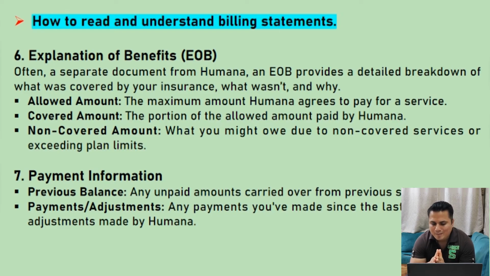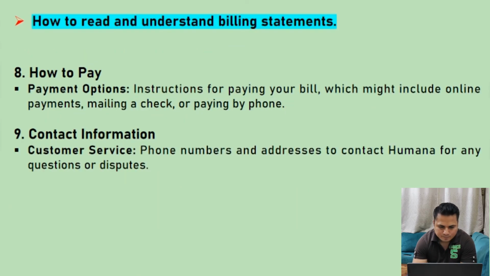Now number seven, payment information. Previous balance, any unpaid amounts carried over from previous statements. Payments or adjustments, any payments you have made since the last statement or adjustments made by Humana. Number eight, how to pay.